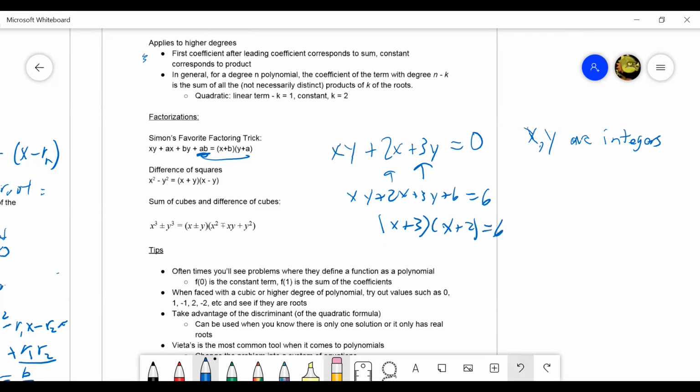And the great part about this is that in problems where you're given that they're integers, you can simply factor 6. So 1, 6, 2, 3, 3, 2, and 6, 1, and maybe also -1, -6, -2, -3, -3, -2, and -1, -6.